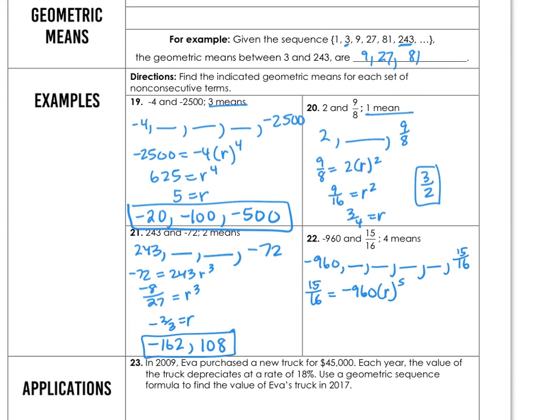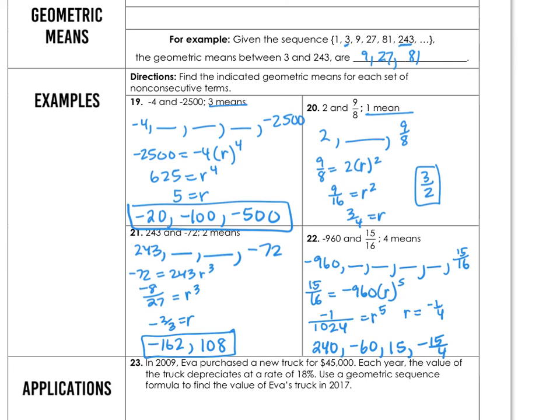Solving for that, dividing by that would give me, in simplest form, -1/1024 equal to r to the 5th. So if we take the 5th root of that, you get -1/4. So that means the sequence would be 240, -60, 15, -15/4.